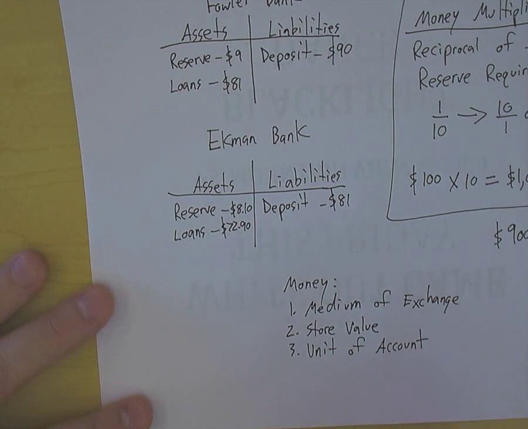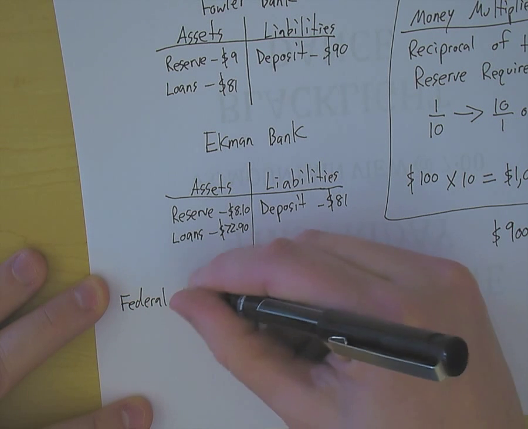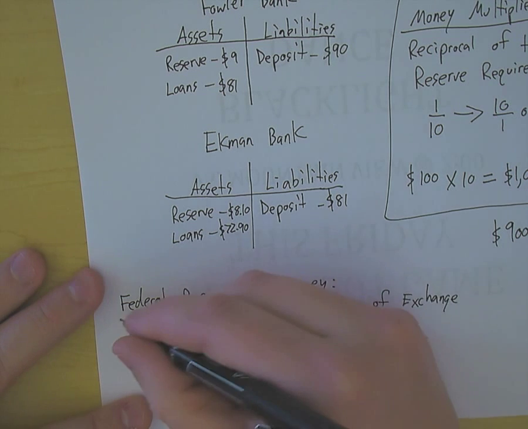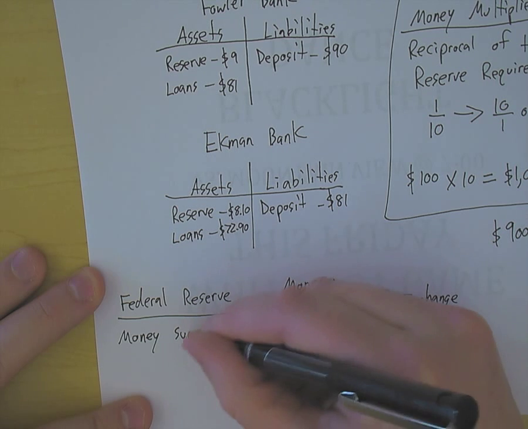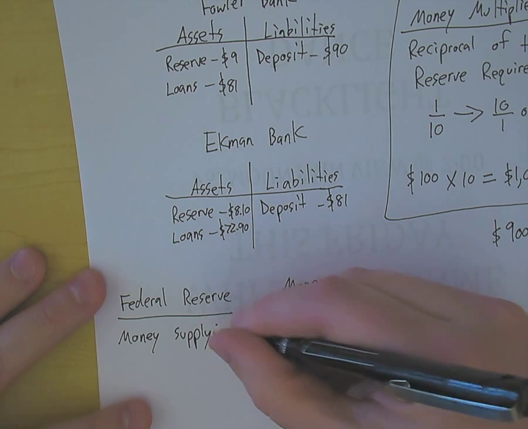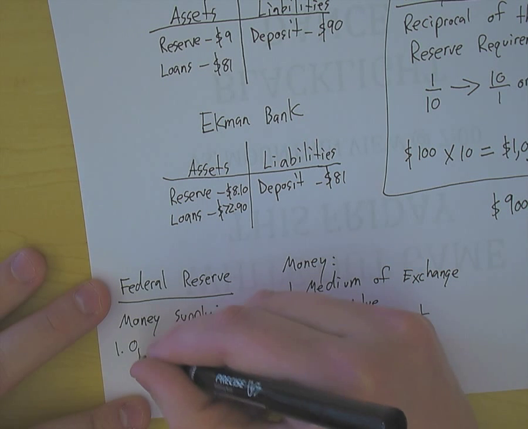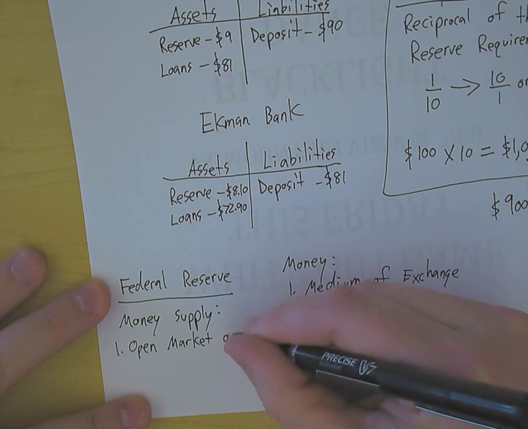And finally, last thing you want to know is the Federal Reserve is the institution that controls the money supply. And this is known as monetary policy. And they have 3 tools in which you control money supply. One is through open market operations.